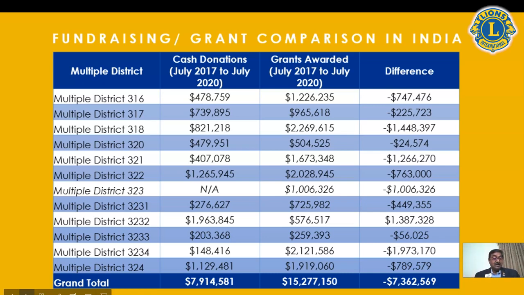This chart shows a comparison of donations versus grants within the past years. As you can see, LCIF has given our country double the amount in grants than what it receives from us in donations. What does this mean for each of us and each of you?